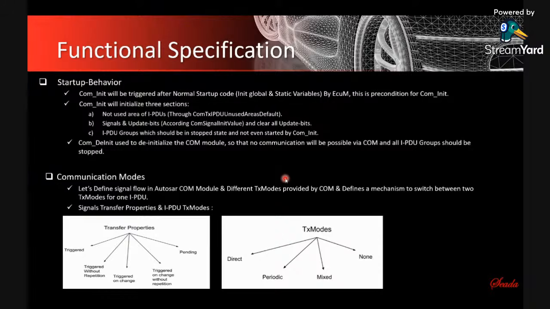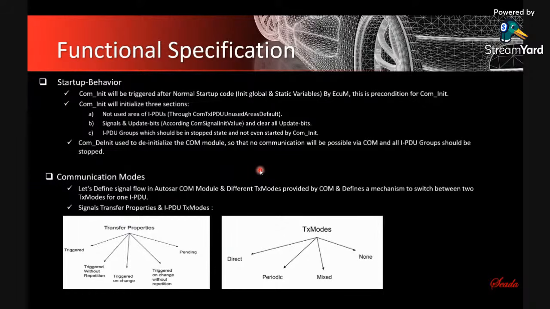Then at this point of time, we can talk about the communication modes, which is how the IBDU is being transmitted, how the COM is transmitting this IBDU group. In order to understand this important concept, you have to know two things: there are signals and signal groups inside the IBDU, and each one of them has a transfer property, and this transfer property indicates how this signal is affecting this IBDU.